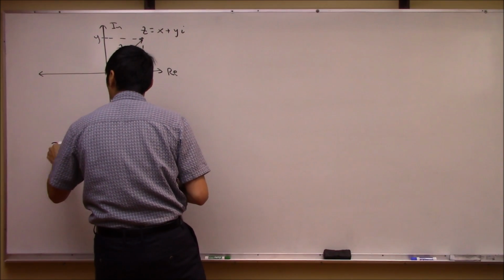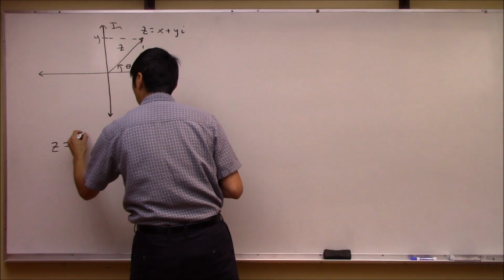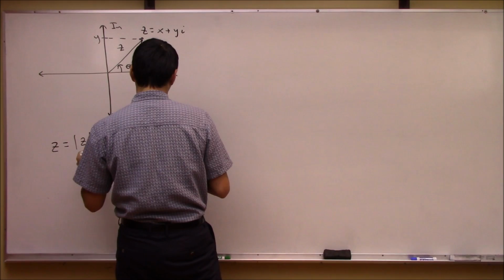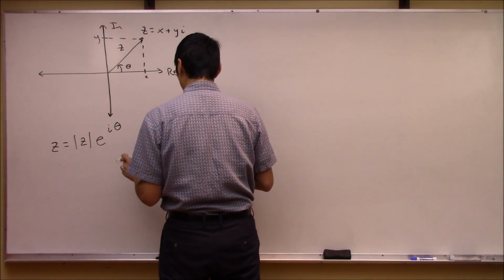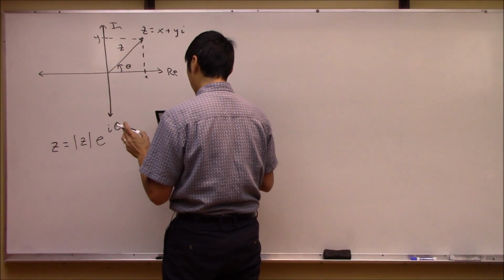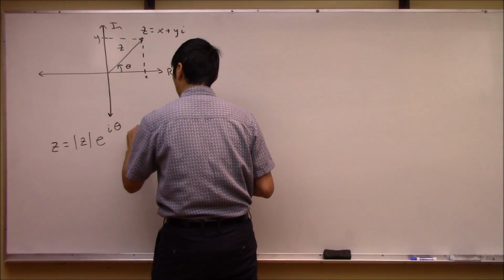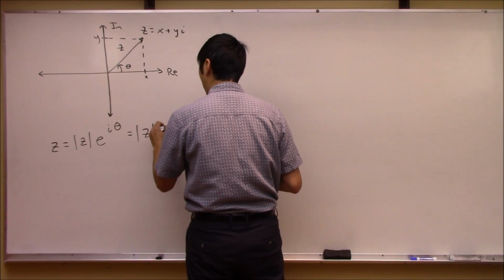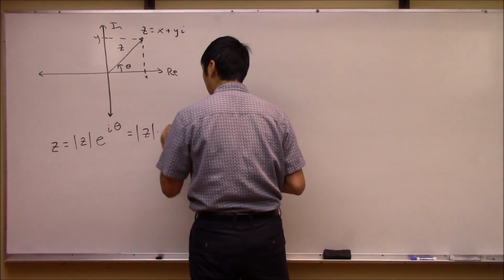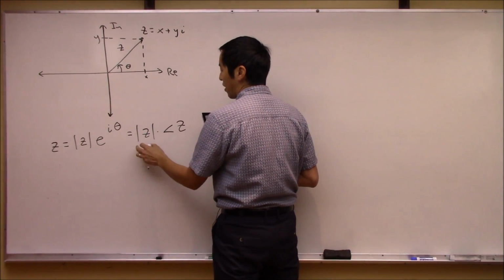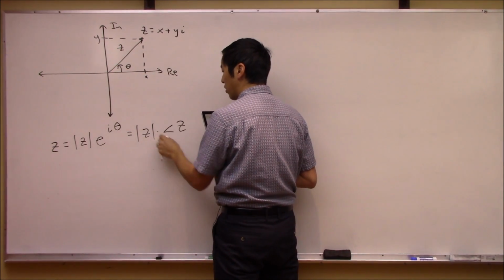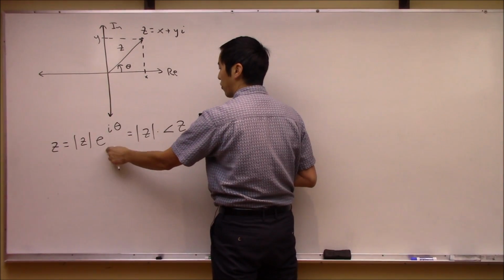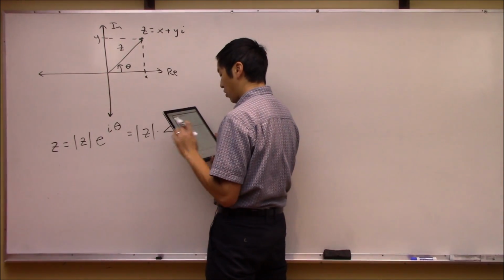We could say the complex number z is the magnitude of z times e to the I theta. Sometimes you'll also see this written as the magnitude of z multiplied by, say, the angle of z. All this is basically saying is that this vector is a magnitude and an angle. So the angle of z is basically theta, right? That's the other way that you might see this written.